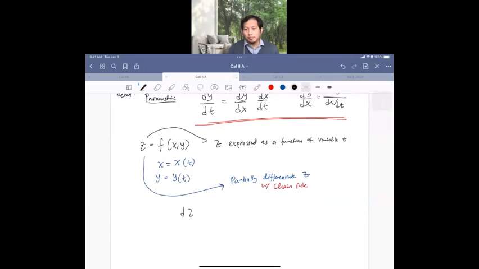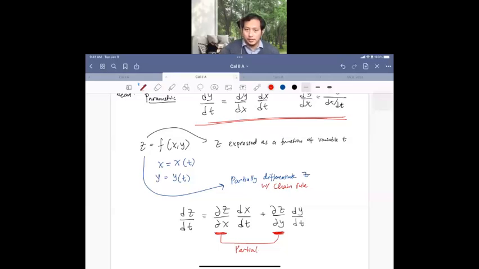So dou z dou t is dou z dou x and then dx dt, plus dou z dou y and dy dt. So we will have partial terms in our equations. Okay, this is just for an intro.